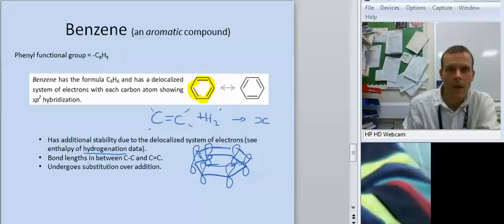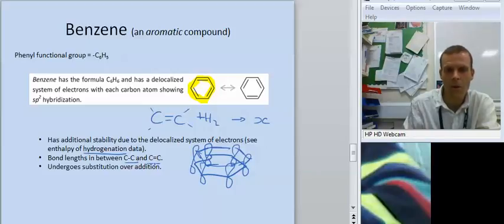Now, if we've got 3 double bonds, we would maybe expect the enthalpy of hydrogenation here to be 3X, but it turns out it's less than that, because it's already stabilized by this delocalized system. We can also see that bond lengths are all identical. We've not got longer bond, shorter bond, longer bond, shorter bond.